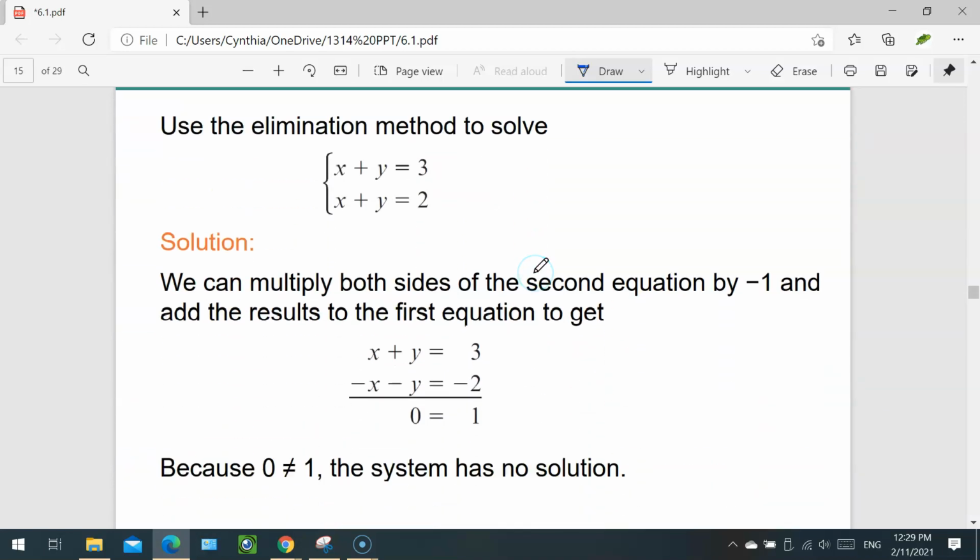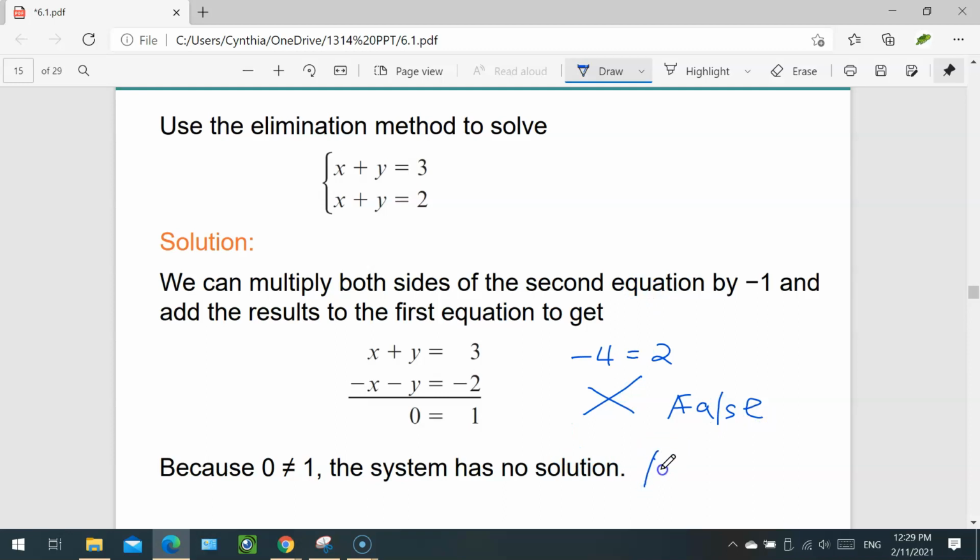Another case would be you solve a system of linear equations, and by the end, you get 0 equals 1 or negative 4 equals 2. This is not right. This is not a true statement, right? So this is a false statement.